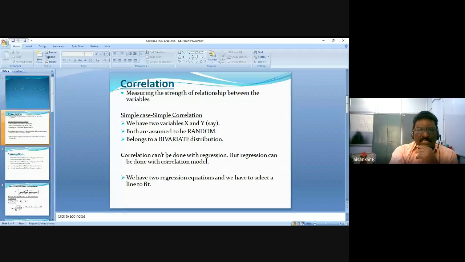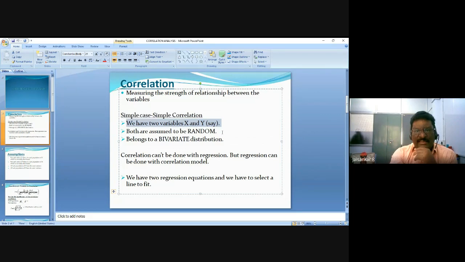There are certain simple things to be noted while using correlation analysis. Here we have two variables, both assumed to be random. For example, I may have correlation between height and weight, the bivariate case, so it belongs to a bivariate population. That is the essential assumption behind the correlation coefficient.